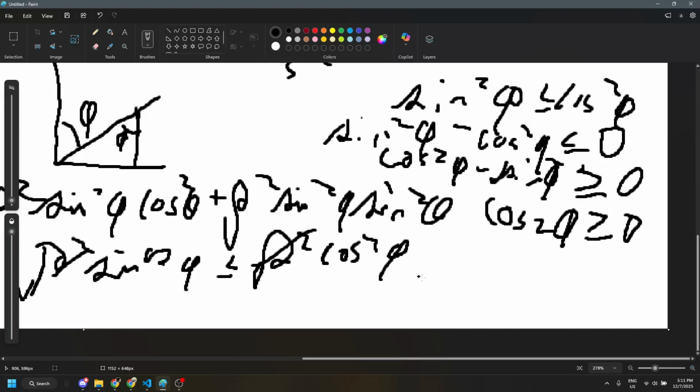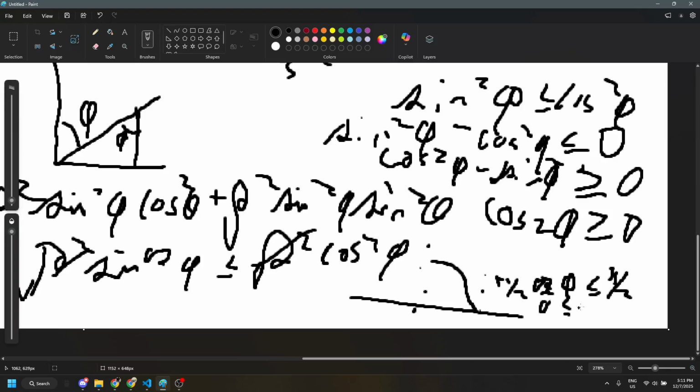When is cosine greater than or equal to 0? Cosine is like that, so it intersects at pi over 2. So 2 phi is between 0 and pi over 2, which means 0 is less than or equal to phi, which is less than or equal to pi over 4.